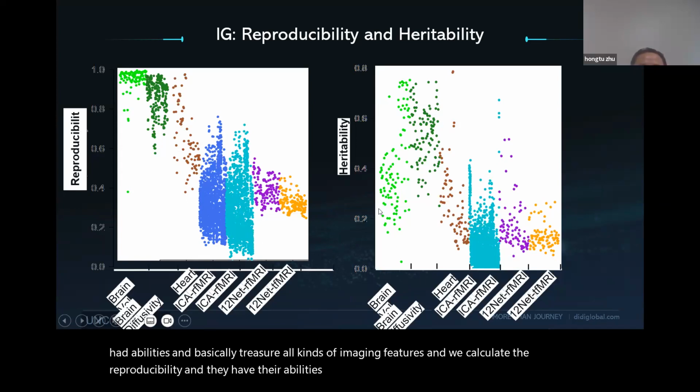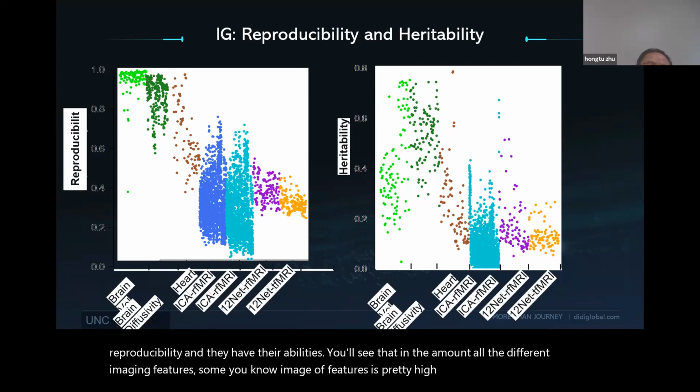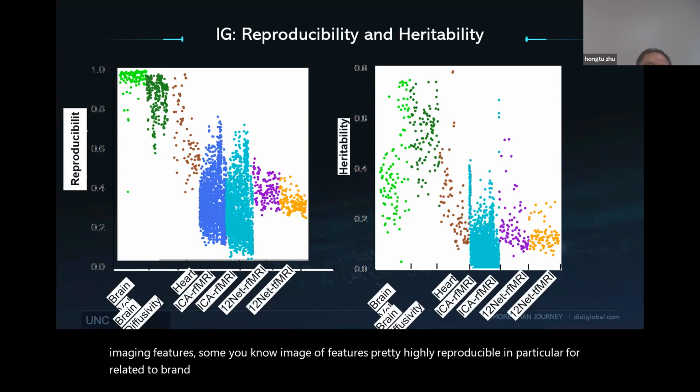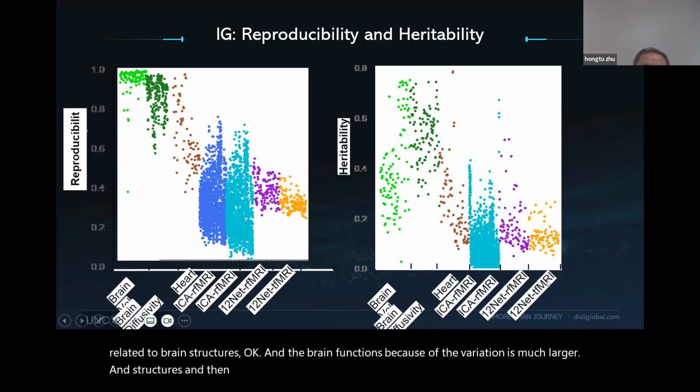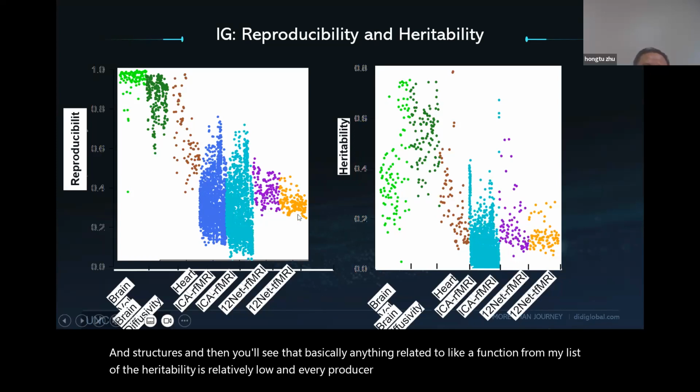You see that among all the different imaging features, some are highly reproducible, in particular those related to brain structures. For brain functions, the variation is much larger than for structures, so for anything related to brain function, the heritability is relatively low and the reproducibility is also relatively low.